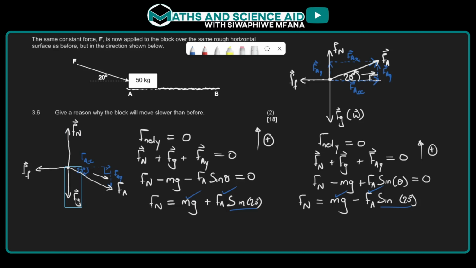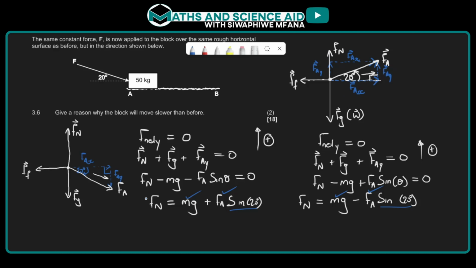It needs to balance this Fg plus this y component of the applied force. Okay, because Fg and this component are both going in the same direction. So we need a significantly bigger normal force in order to balance both of these forces. But in the first scenario, it's the gravitational force that needs to balance the normal force and the vertical component of this applied force.